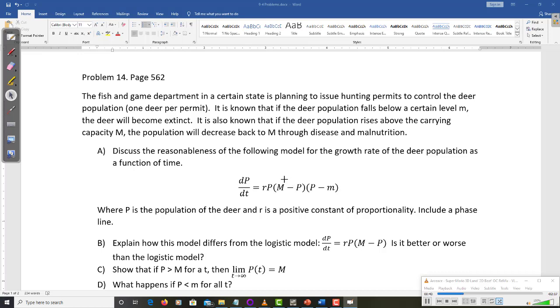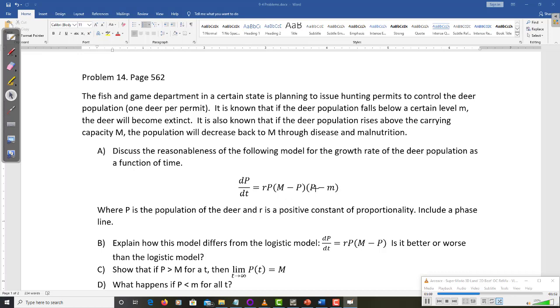So if the carrying capacity is larger than the population, this sign should still be positive. If it's negative, so if the population is larger than the carrying capacity, the rate of change will be negative. That makes sense, that where you have this M minus P, it'll be negative if the population is too large, positive if the population is smaller than the carrying capacity.